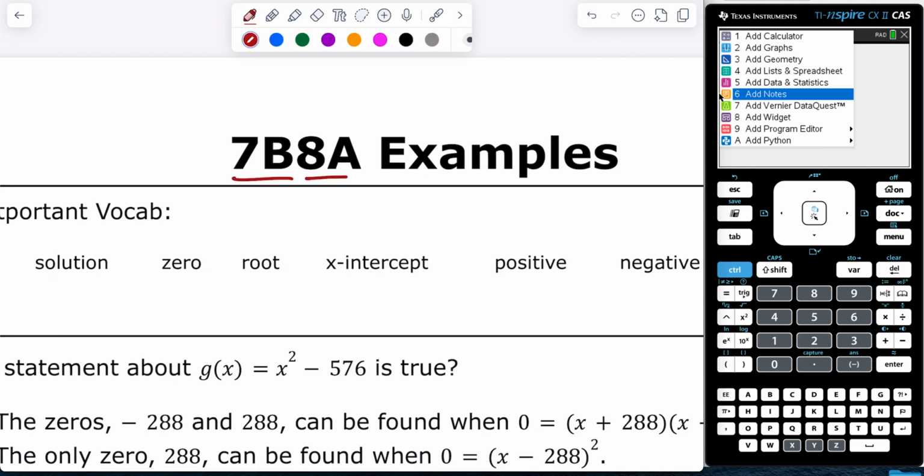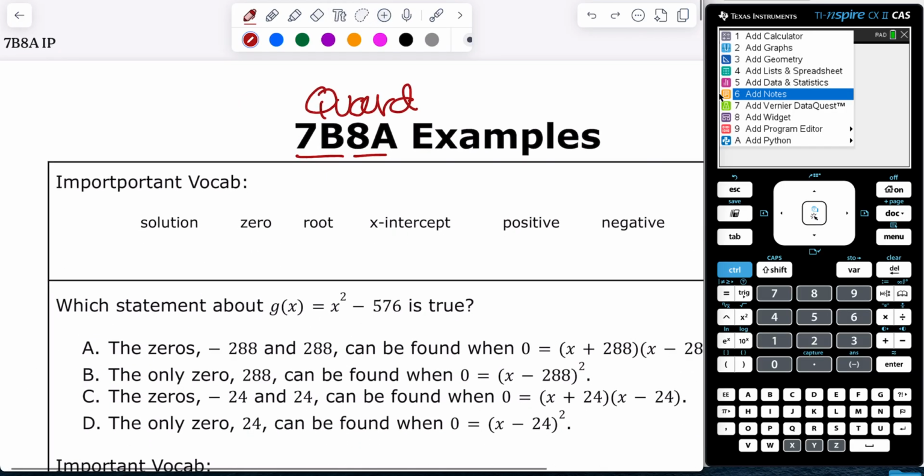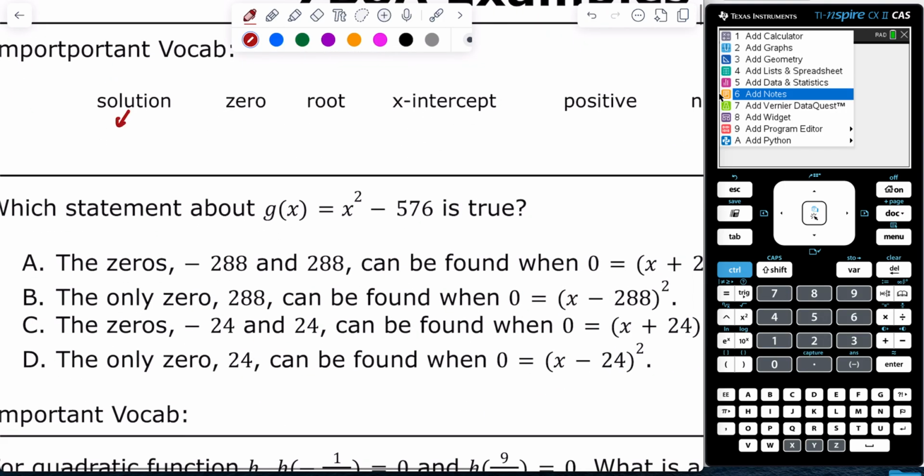7b and 8a, which is going to be quadratic. Solutions, which is going to mean x-intercept, or it will mean menu 3, 1.